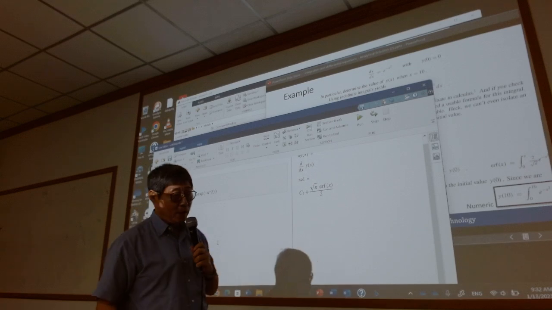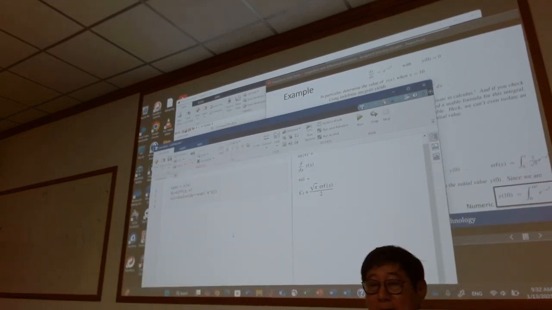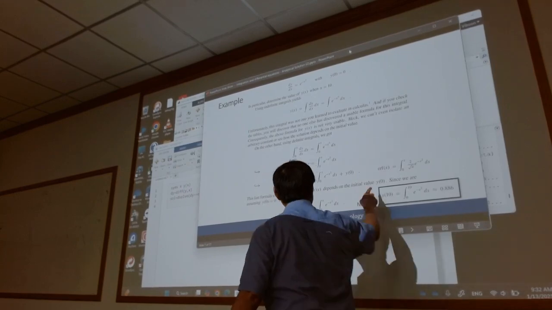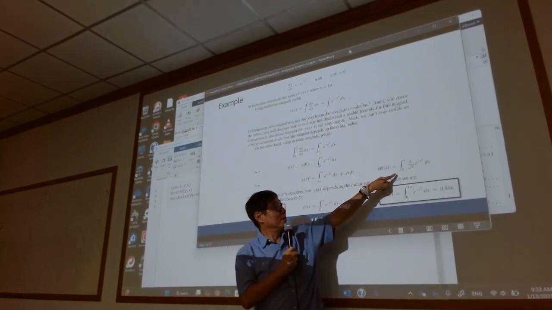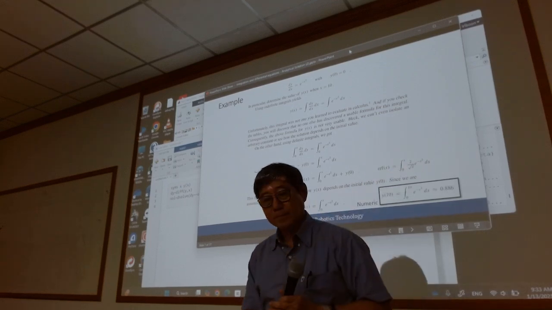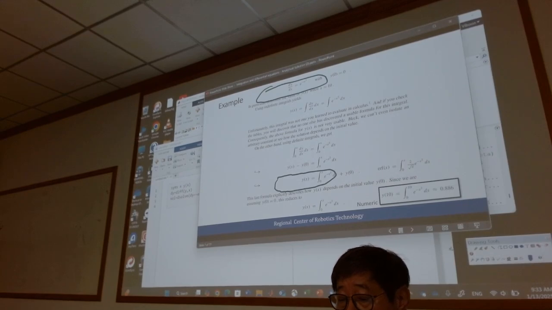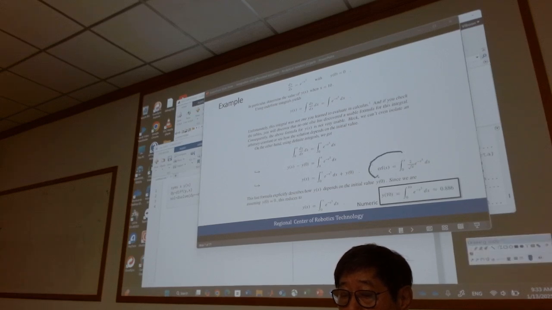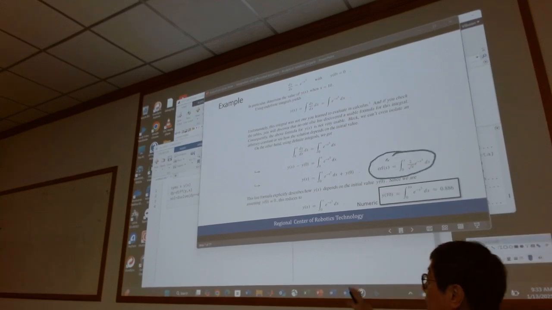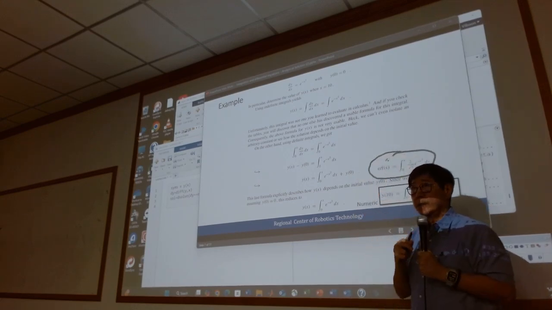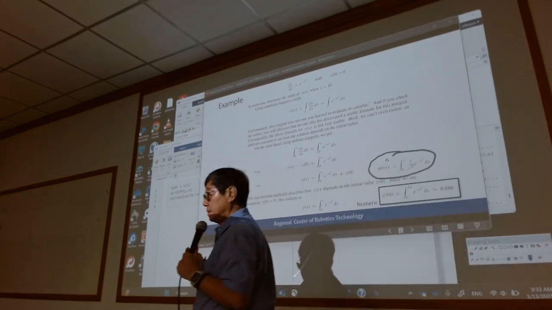Euler function is what? Euler function is equal to this one. See, this one. This Euler function, it cannot be integrated in closed form.